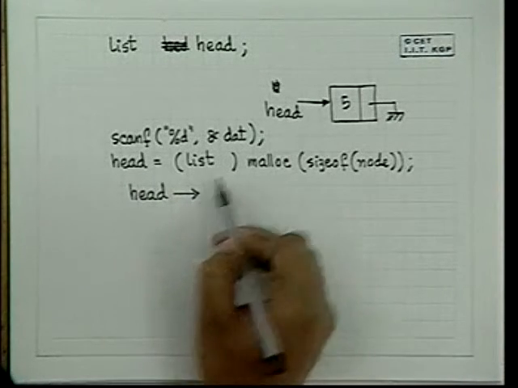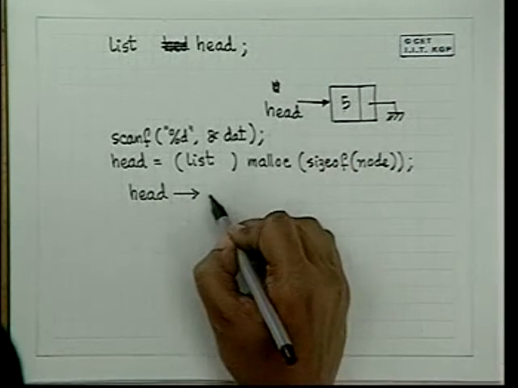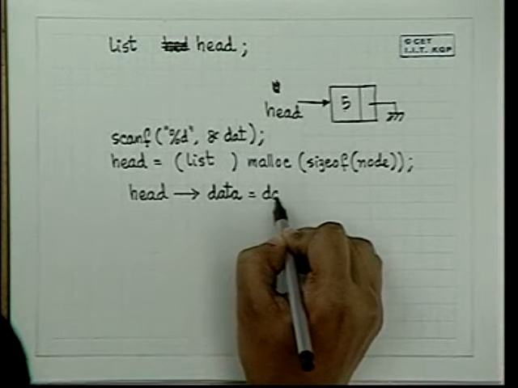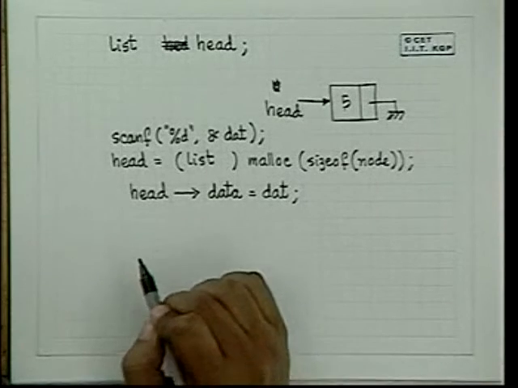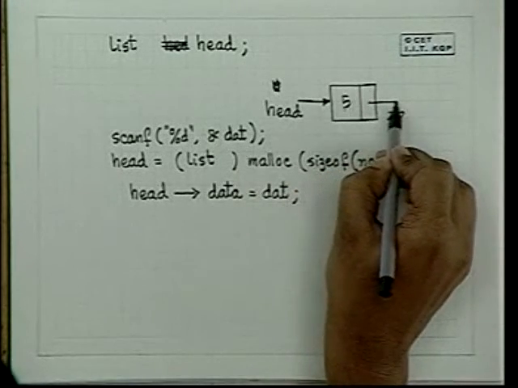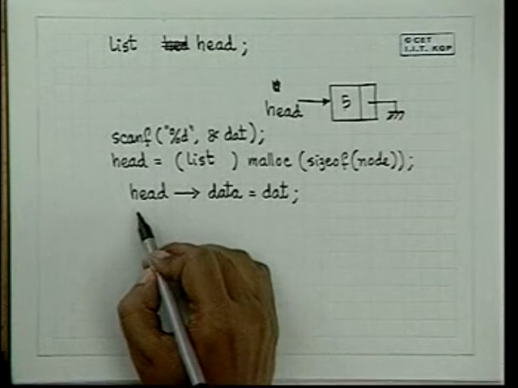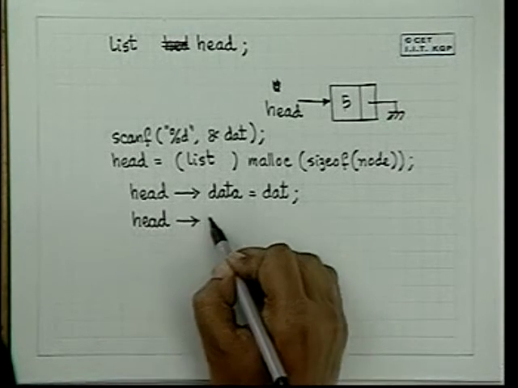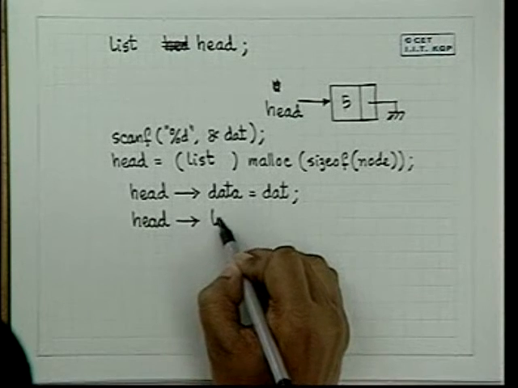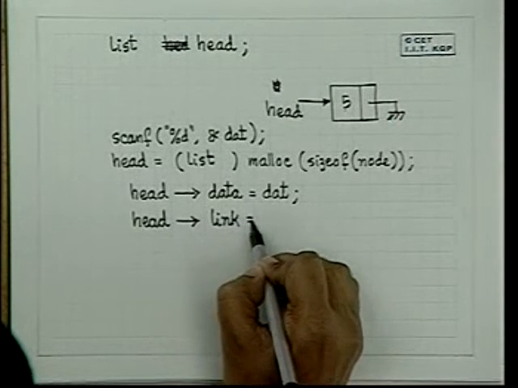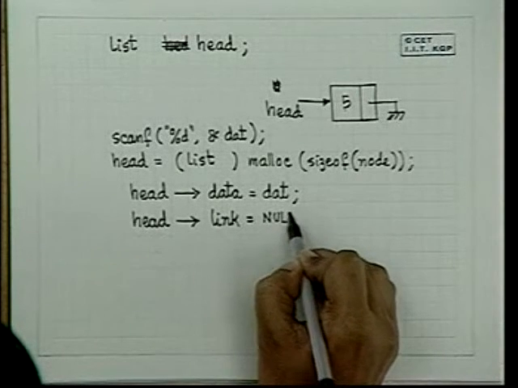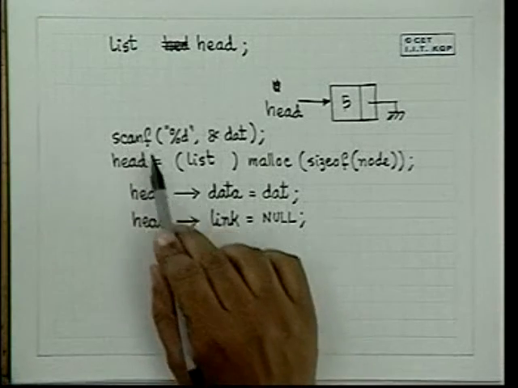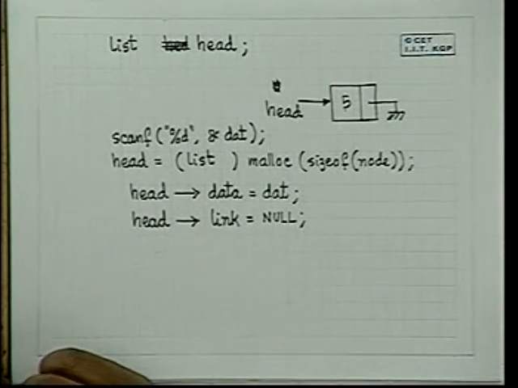So head pointer, if I want to access this data field, is equal to data, and I will have to make this ground. To make it ground, what I have to do is, this was link field, isn't it? So this is how I allocate my first element.